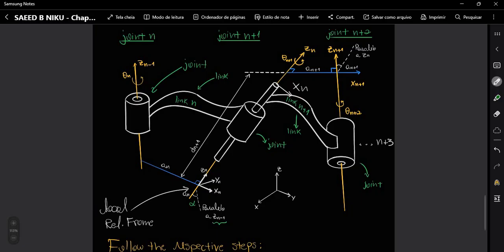And again, Xn points in the same direction as the common normal, and the common normal is the shortest distance between the skew lines.